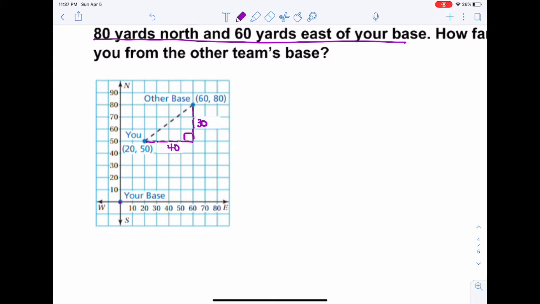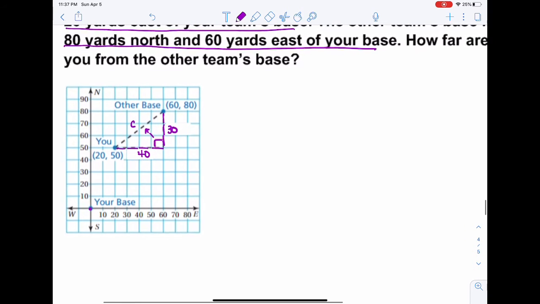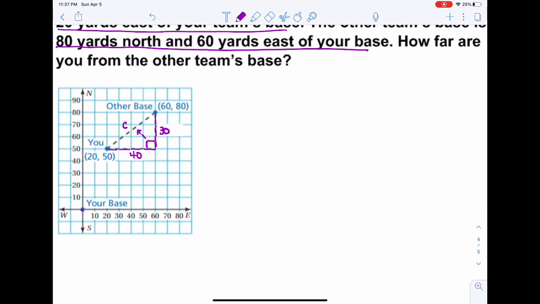Okay, now se pone un poco más fácil, porque yo sé que esta distancia, lo que ellos quieran, that's your side C. So now that I have my lengths of this triangle, all I have to do is use the Pythagorean theorem.